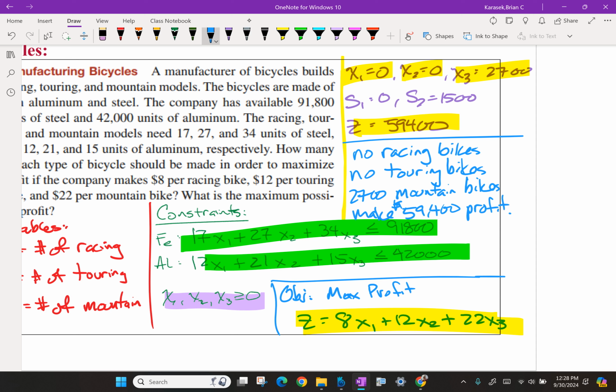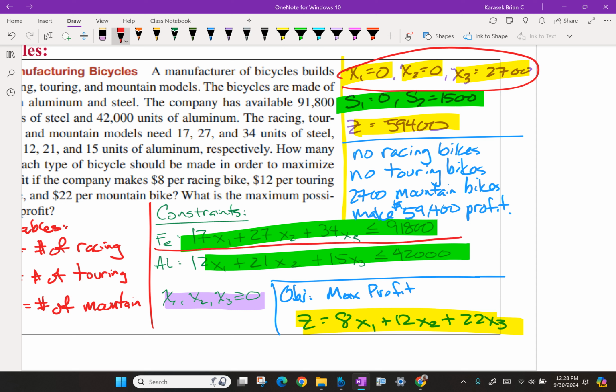And then the last thing we have to do is interpret what the slack values mean. Slack 1 would be any slack in the iron constraint. So slack 1 being 0 means that there was no unused iron in this problem. If you were to take this optimal solution and put it into that first constraint, the left-hand side would work out to be 91,800.